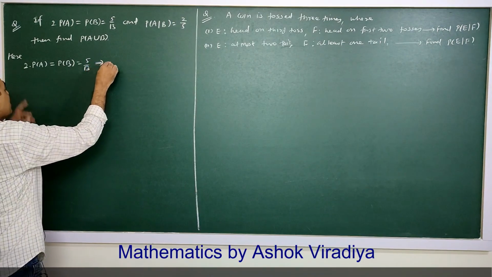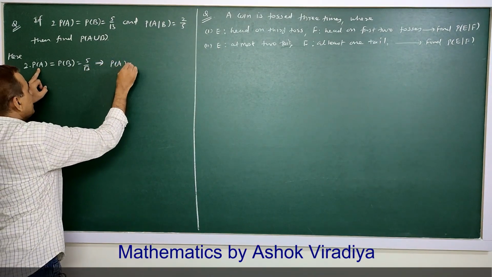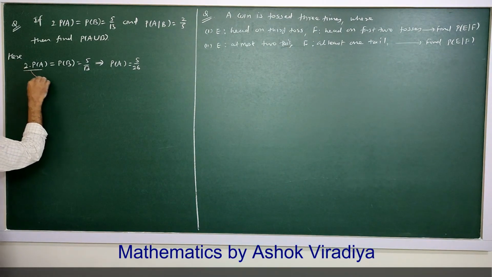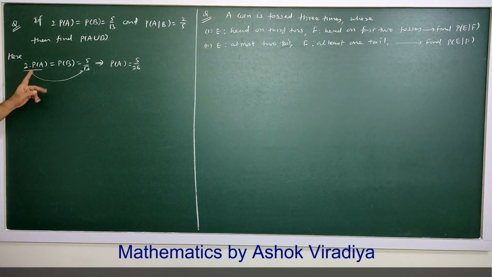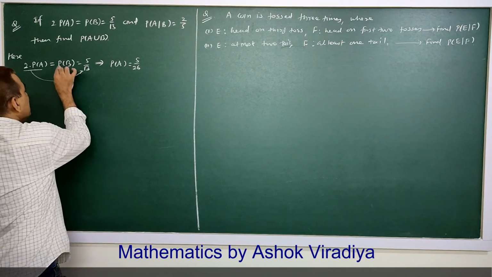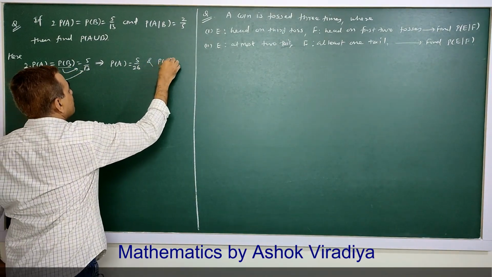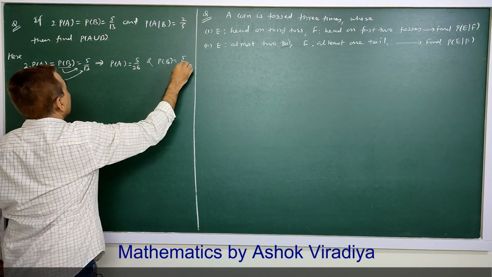That means P of A is 5 by 26. See, from this value, P of A is 5 by 26 and P of B is 5 by 13.